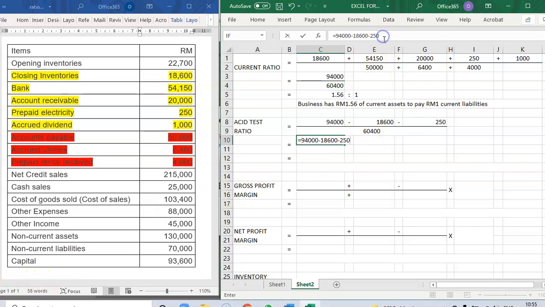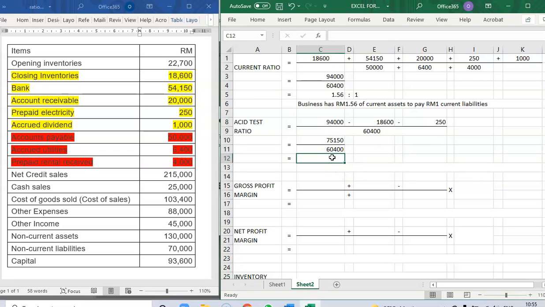Okay, then after you calculate the amount of total current asset, deduct with closing inventory, and also you deduct with prepaid expenses, like prepaid electricity, so you have the most liquid asset amount is 75,150. And again, you still divide it with the total current liability is 60,400.